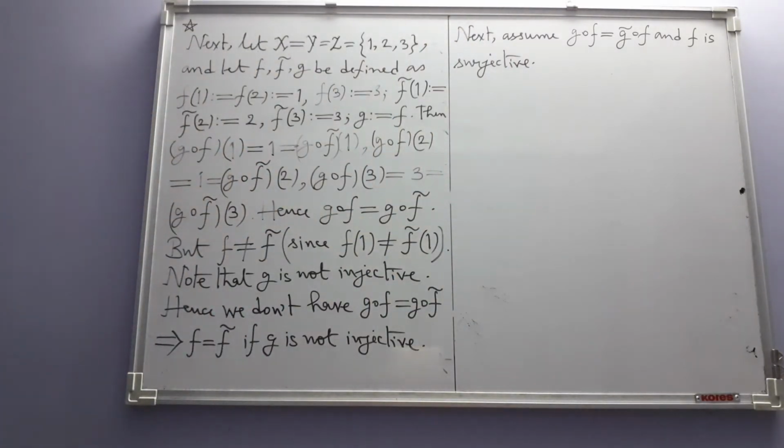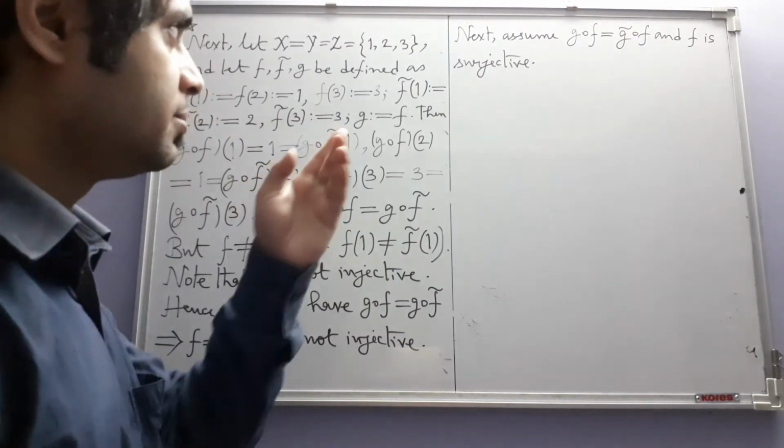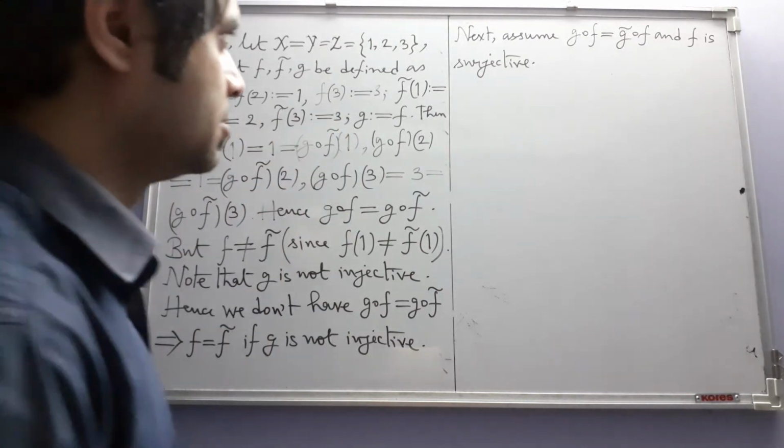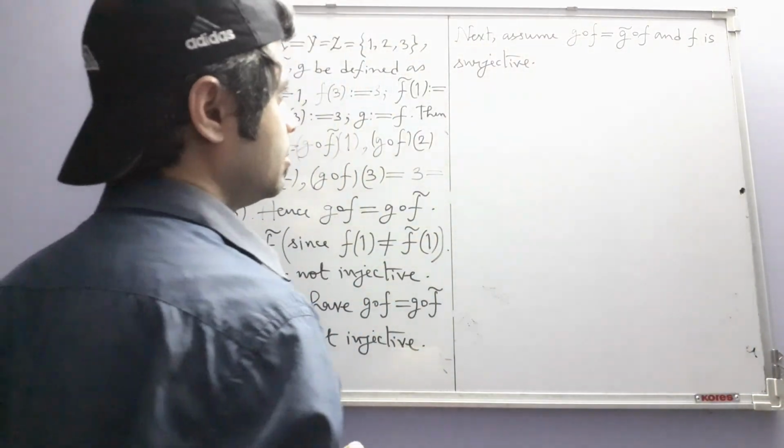So now F is constant, F is there on both sides of the equation, but G and G tilde are two functions which may or may not be equal. We have to show that they are equal.